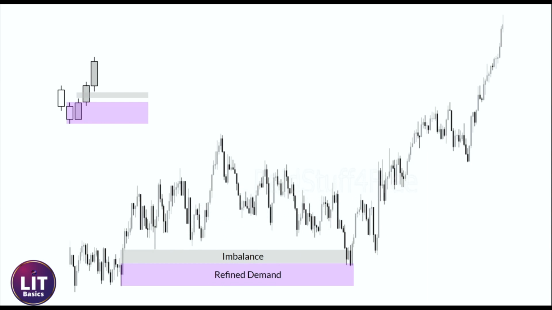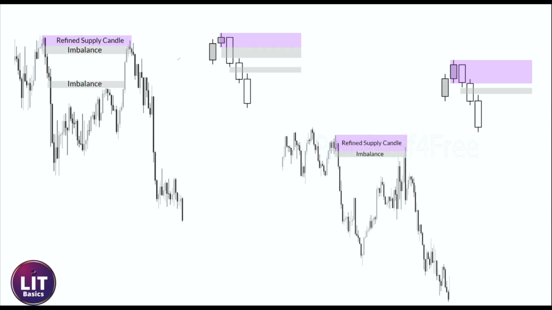Of course. So next we have the ideal scenario, which is where you've got this little candle, because this gives you the best RR, and then obviously your imbalance here. They come up, fill a little bit of this, go down, and then come all the way back up to what would be our extreme, and then fill this imbalance and the refined supply candle, and then continue in the intended direction.